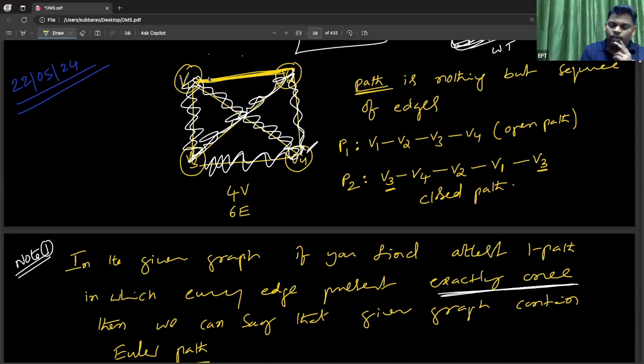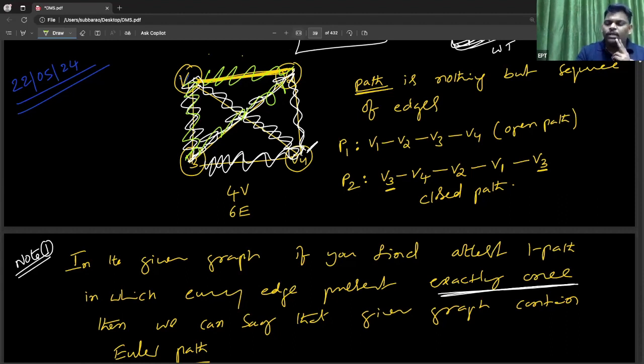V1 to V2, V2 to V3, next one V3 to V1. Okay, V1 to V2 again. That is also okay, right?